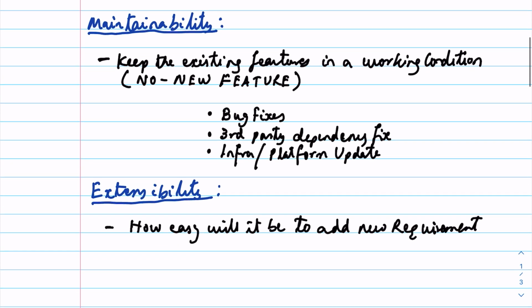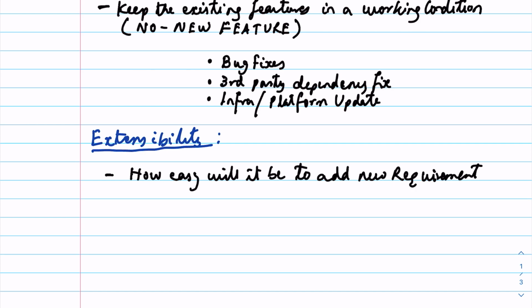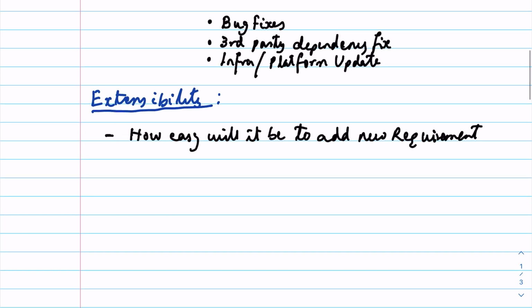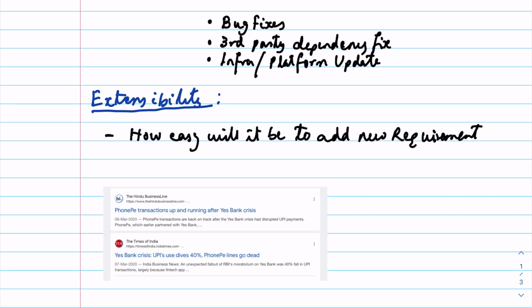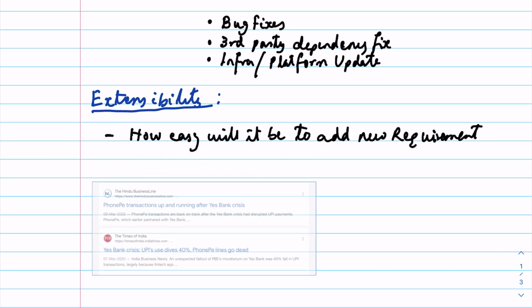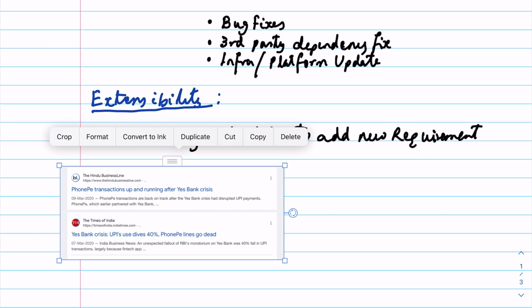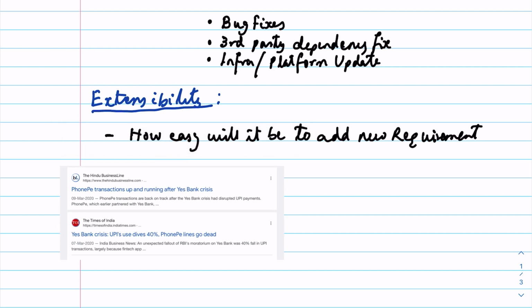Let us understand by one example how low level design helps. I don't know if most of you have heard this or not. Previously PhonePe was using Yes Bank for its UPI transactions.